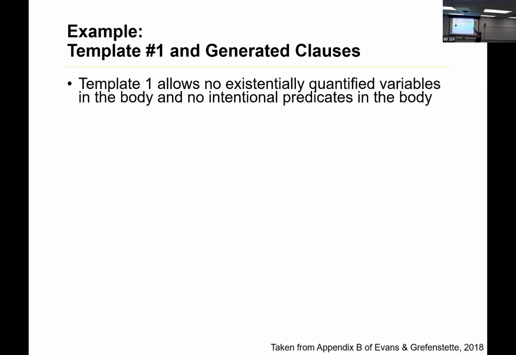And no intensional predicates in the body. So this template does not support rules that will be used after the first step of inference, because there's no intensional predicate in the body.